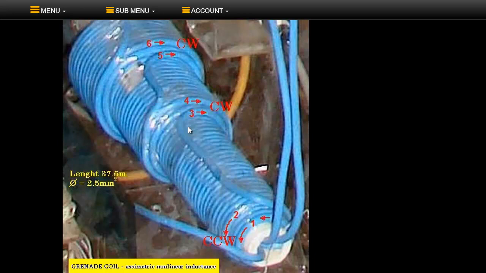So we've got roughly half a layer difference between the 2 coils here, and that half a layer difference, believe it or not, is this distance here. So we've got half a layer that is actually inductive here, or at least half the length is inductive here.